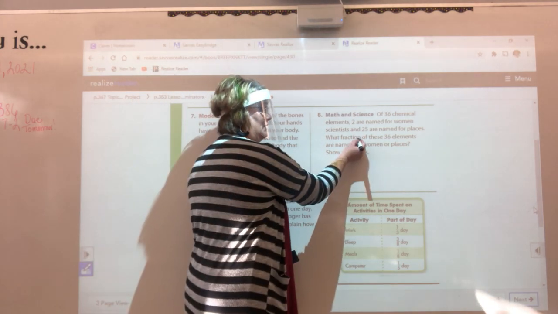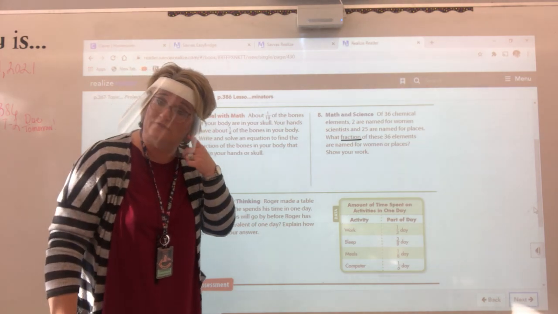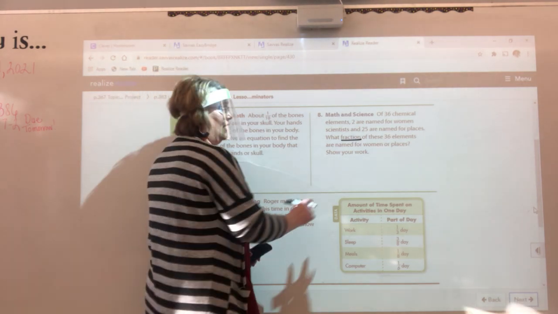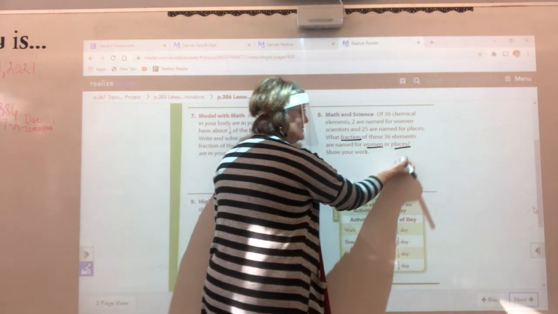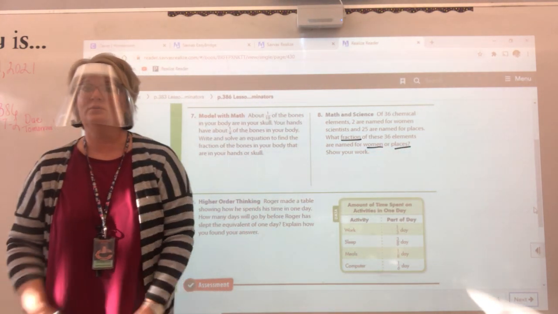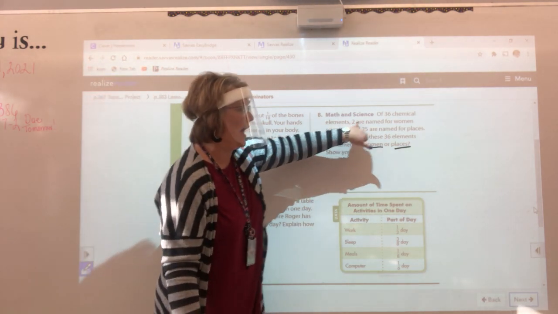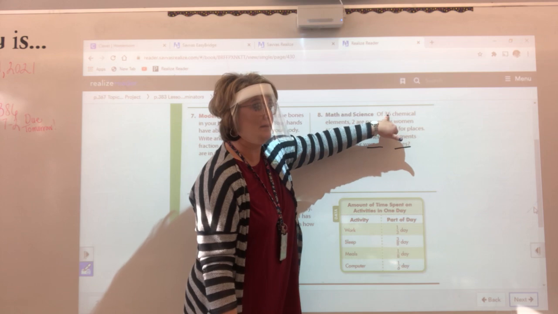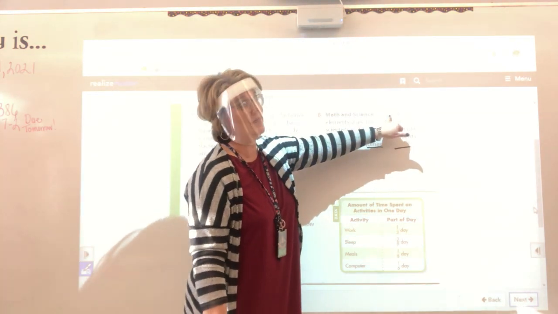Get your pencil on what fraction. That's important because so far I haven't seen any fractions. You're going to have to figure out what the fractions are. Of these 36 elements, 2 out of 36 are for women. 25 out of 36 are for places.